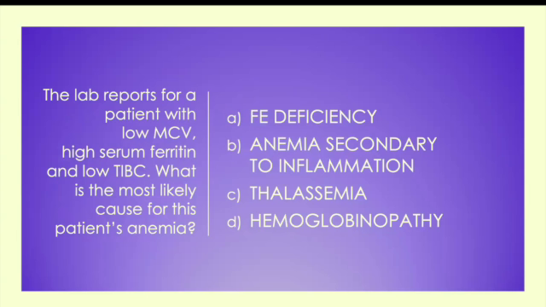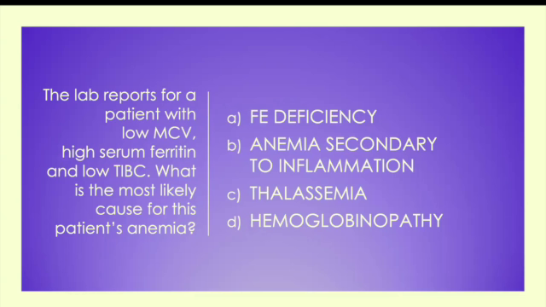So low MCV, high serum ferritin. So it's not low iron and low TIBC. So this is not an iron issue, guys. What is the most likely cause for this patient's anemia? So can't be iron. So it's not A. It could be B. It could be C.